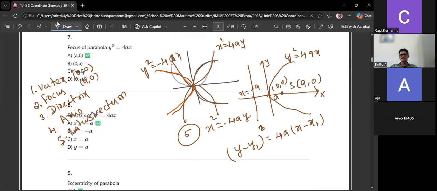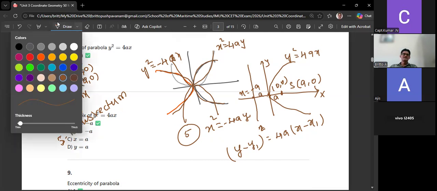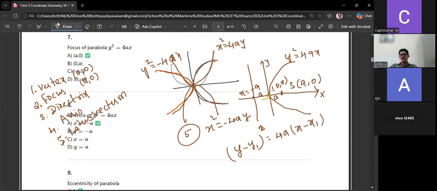Since the focus is at a distance a from the origin, the directrix is also at a distance a. This distance is always equal: from the origin to the directrix line and from the origin to the focus, these two distances should be equal.